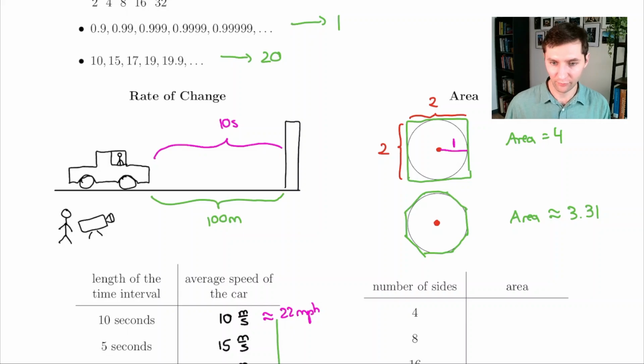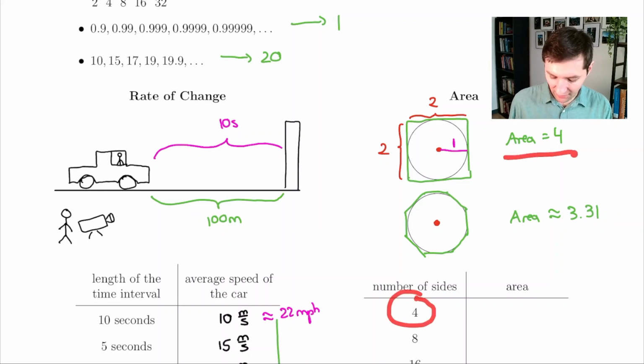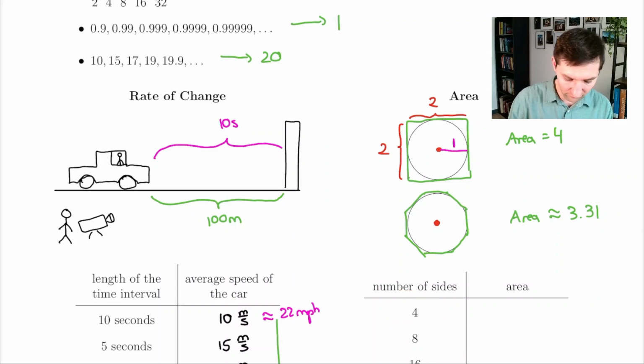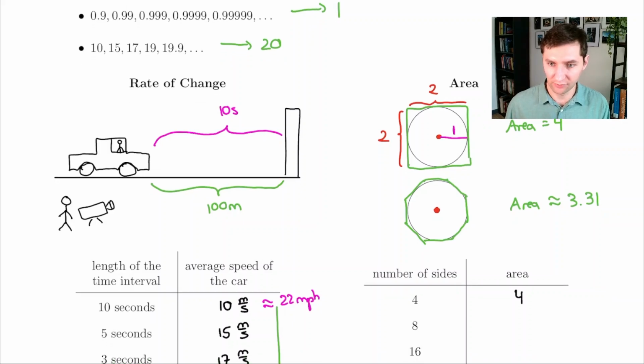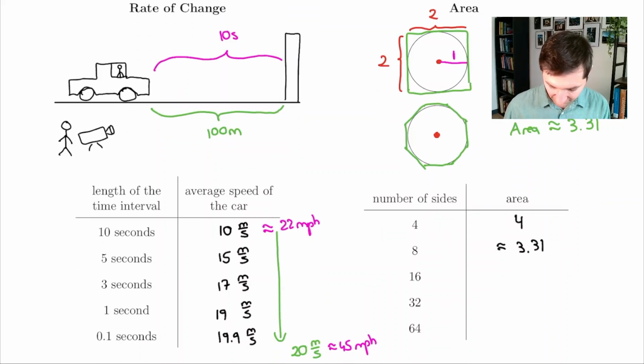I did that for you. When we used an approximating figure with 4 sides, the area of the approximating figure was 4. When we use an octagon, the area was approximately 3.31. I used a figure with 16 sides, and I got approximately 3.18.